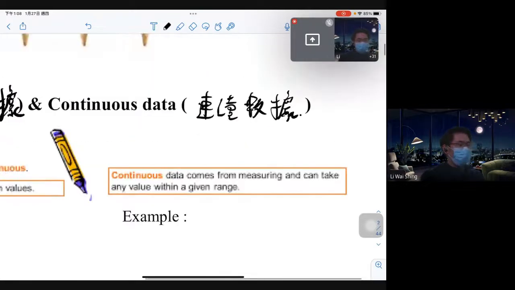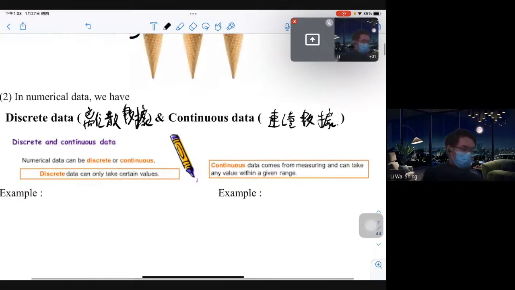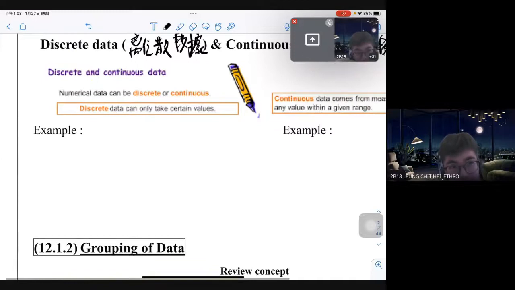Or continuous data, any example? Anyone? Discrete data have DC.